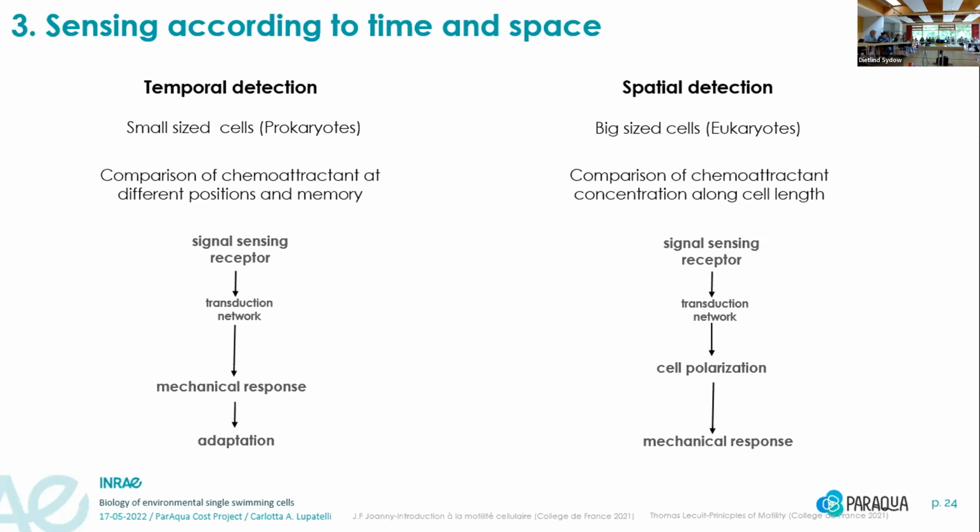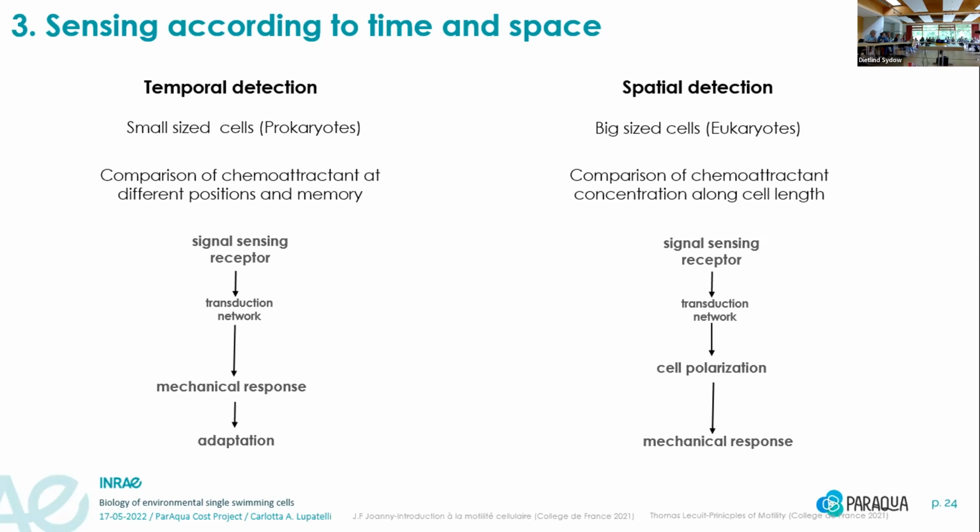In this case, very generally, a cell of a prokaryotic organism, for example a bacterium, is able to sense a particular signal through a receptor. The signal is transduced in a transducing network, and the result of the transduction will be a mechanical response, which means that the flagella will change their rotation.